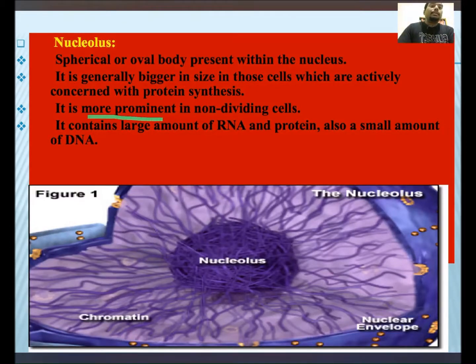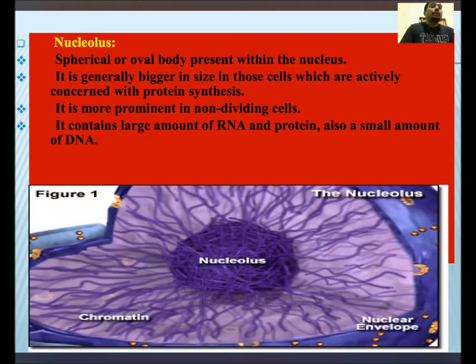It is more prominent in non-dividing cells, those cells which do not divide, which synthesize protein, which grow. So in the growing phase of the cell, it is more prominent.